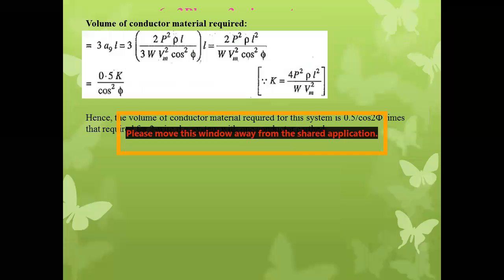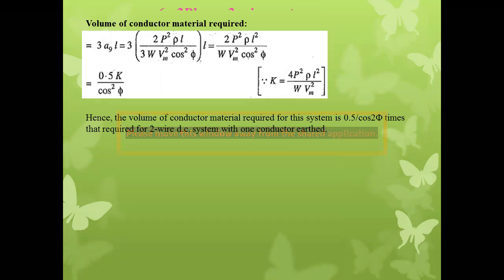Once we know the area of cross section, the volume of conductor required is very easy, because the volume of conducting material required is the area of cross section into the length of conductor.